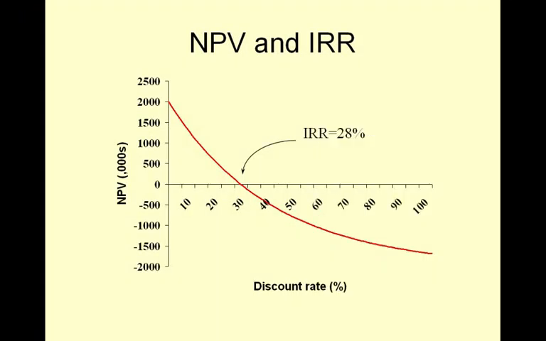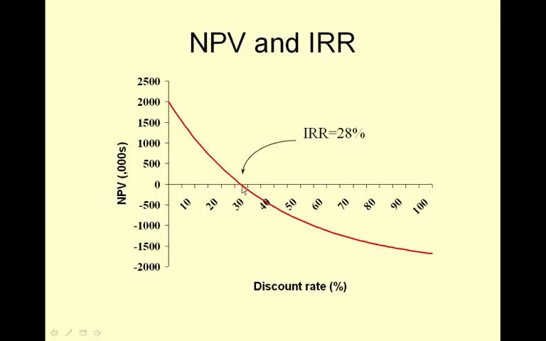The relationship between NPV and IRR that's represented in this business example is shown in this graph. On this axis we have net present value, and on this axis we have the discount rate, and the red line indicates the net present value for various discount rates.